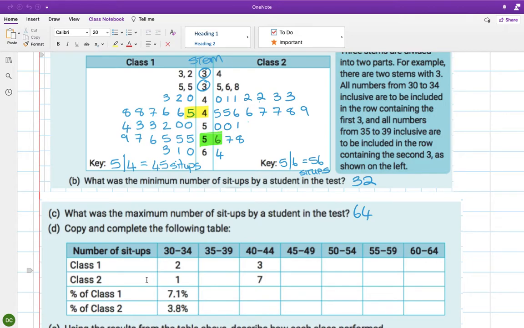So class 2, between 30 and 34, there were, okay, between 35 and 39 for class 1. So that's these guys here. So there's 2. Same thing for class 2 is 3. I'll do the percentages in a minute.